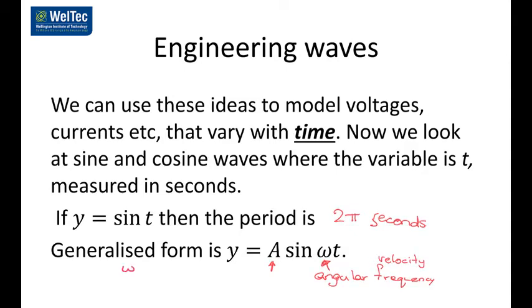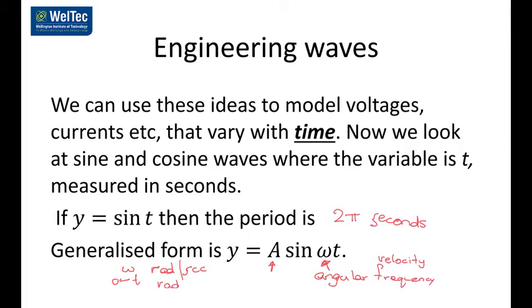Omega would have units of radians per second, and omega t would just have units of radians, because it would be radians per second times seconds.